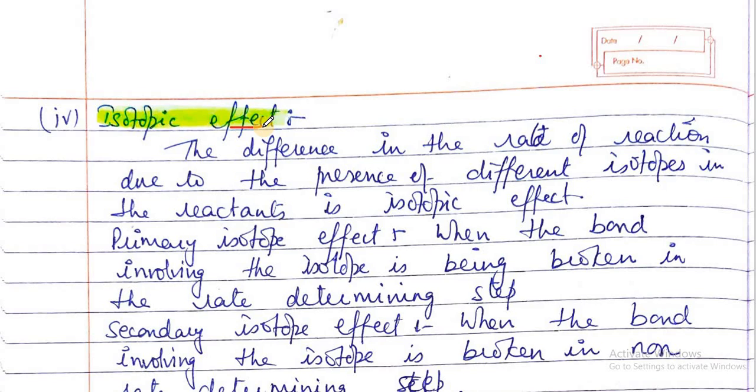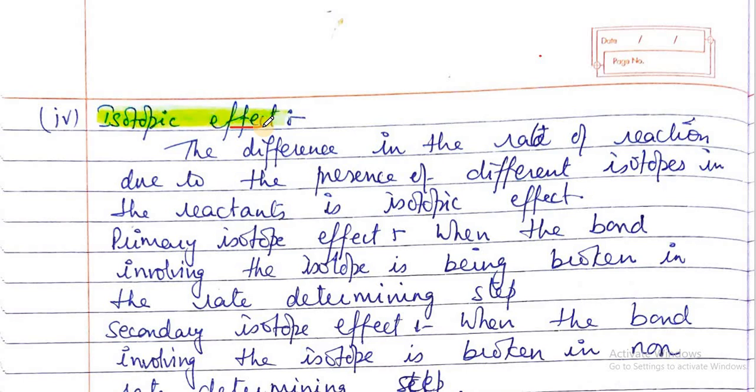If the bond involving isotope breaks in the rate determining step, then only the effect takes place or the reaction slows down, otherwise not. So the isotopic effect is mainly based on the breaking of the bond in which isotope is present.